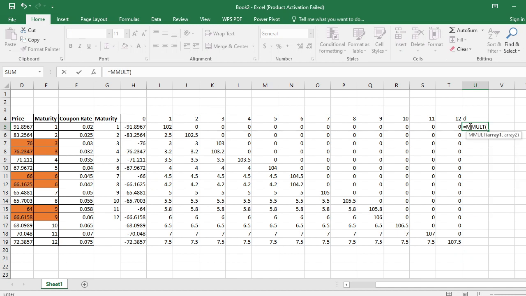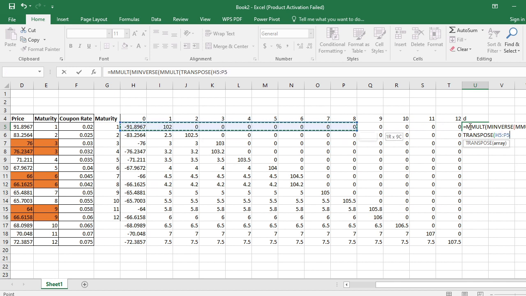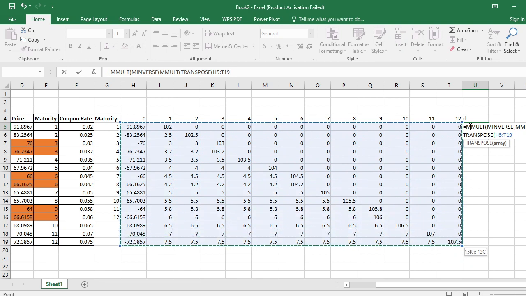M mult, M inverse, M mult, transpose, this cash. I don't know if we're doing right or not. I'll find out soon.